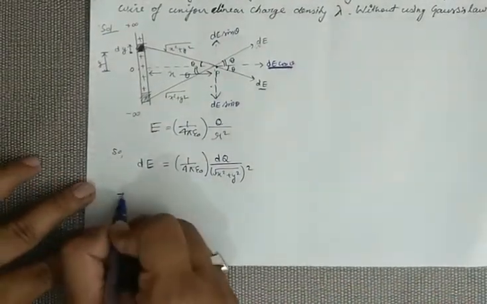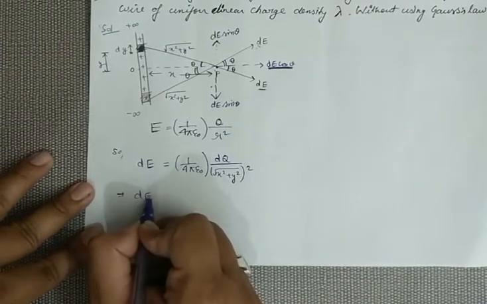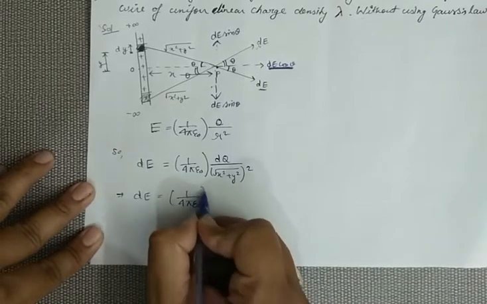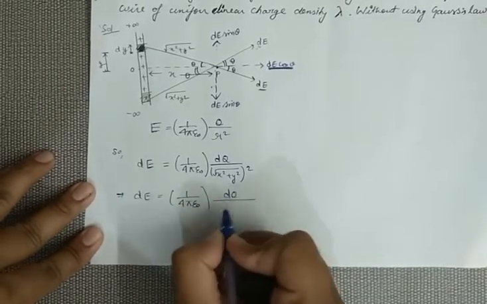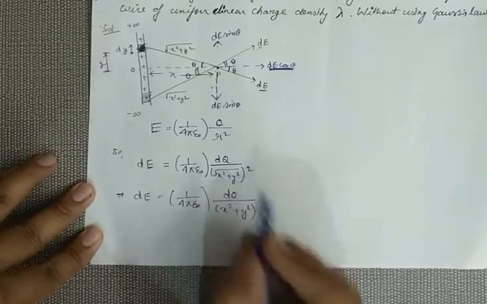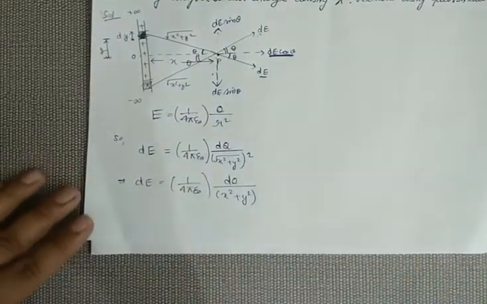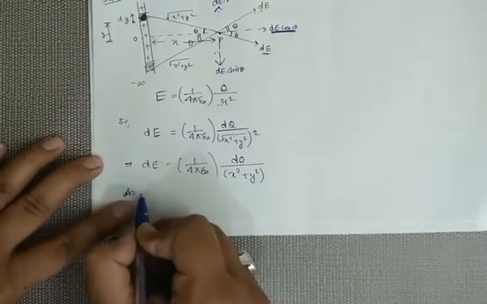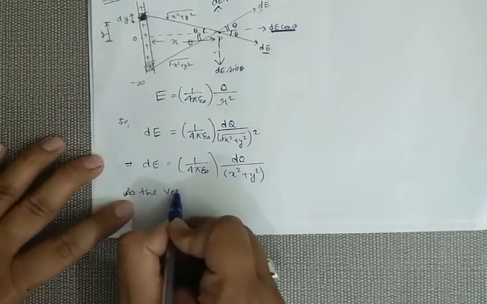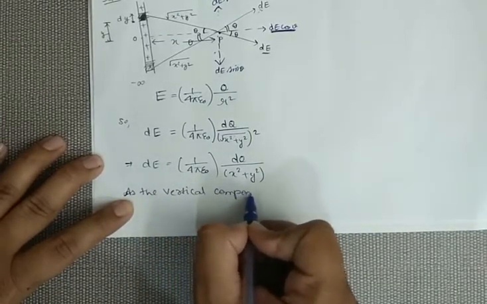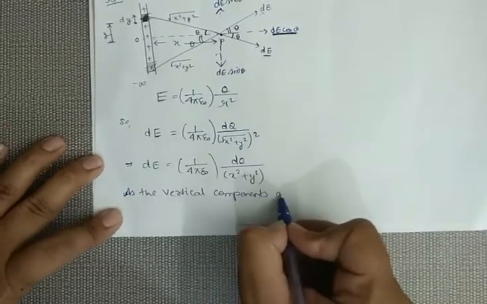So dE is equal to 1 upon 4 pi epsilon naught times dq upon x square plus y square, the root cancelling out with the square. Now see, one important thing is there, as the vertical components cancel out.